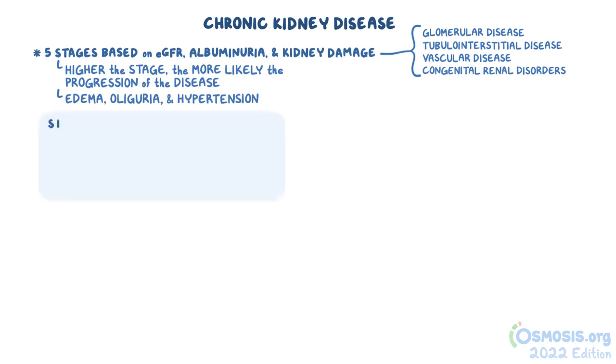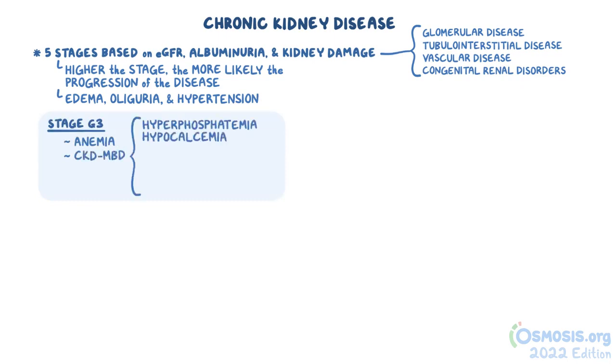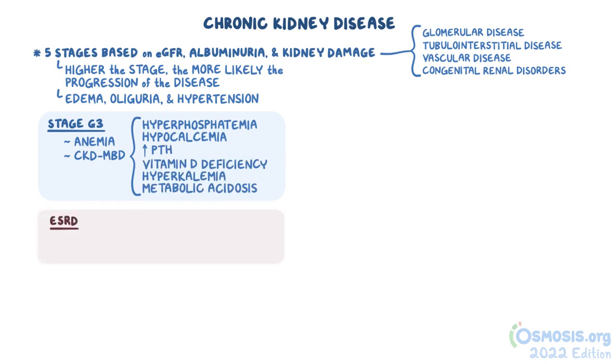For individuals at stage G3, complications can develop like anemia, CKD-MBD, which includes hyperphosphatemia, hypocalcemia, high PTH and vitamin D deficiency, hyperkalemia, and metabolic acidosis. With ESRD, there's typically uremia, which can cause uremic pericarditis, uremic bleeding, and uremic neuropathy.